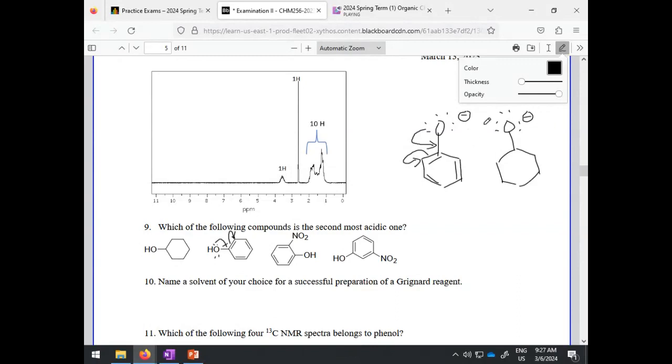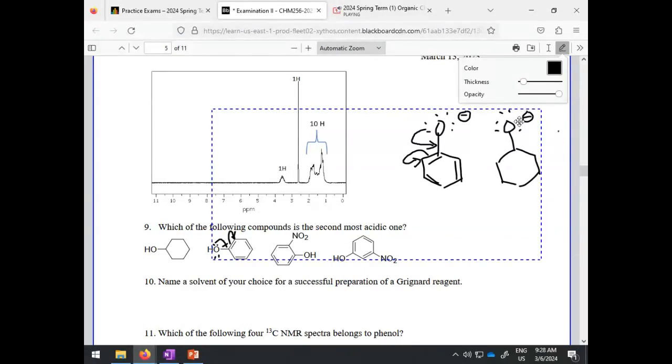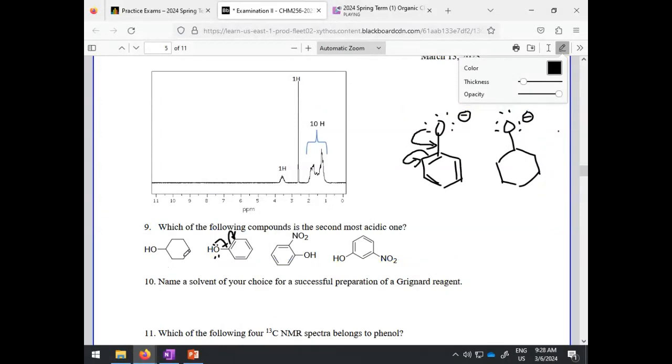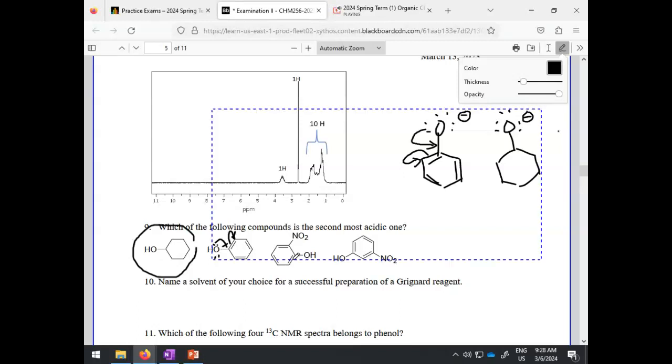So in the conjugate base of cyclohexanol, the alkoxide, the negative charge is fully localized onto the oxygen. So this is the most basic one, and this guy is the least acidic one. So all the phenols are more acidic than cyclohexanol.